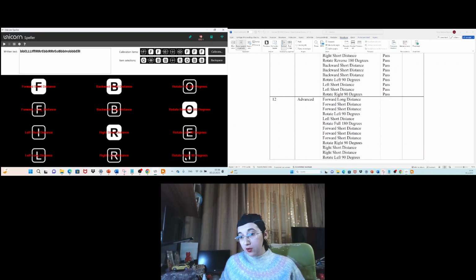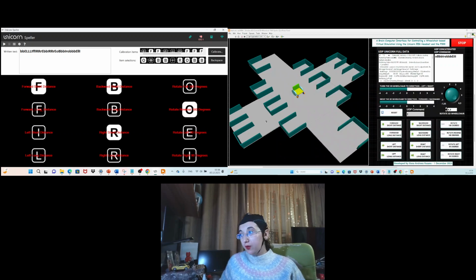Okay, then rotate right 90 degrees, continue with right short distance for 2 times, and again, and in the end rotate left with 90 degrees. Okay, so this is the set of all the commands that I will perform in the next moments.